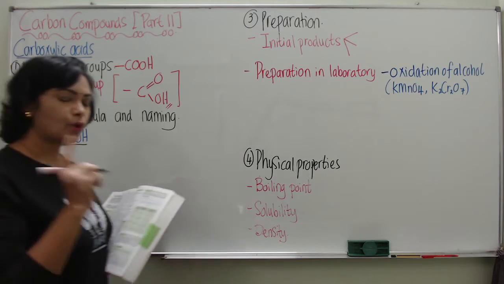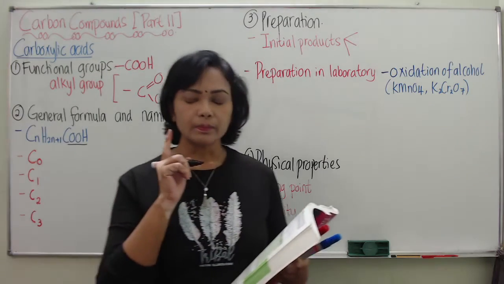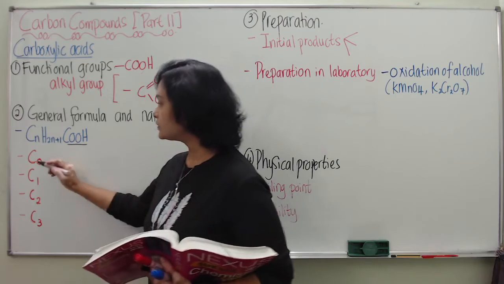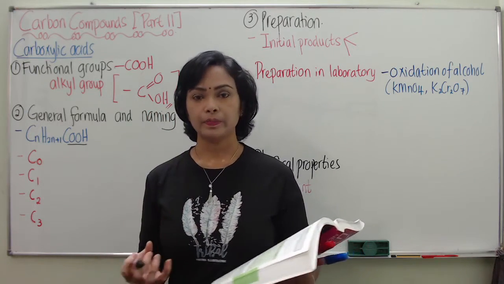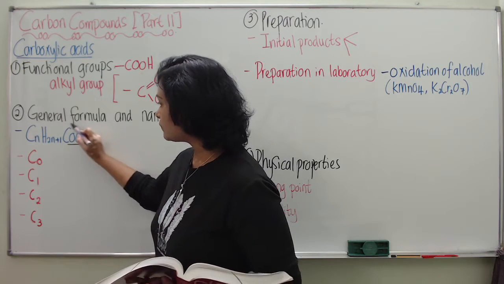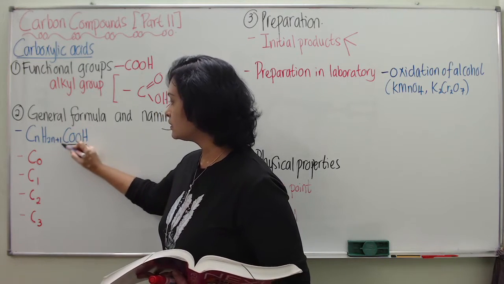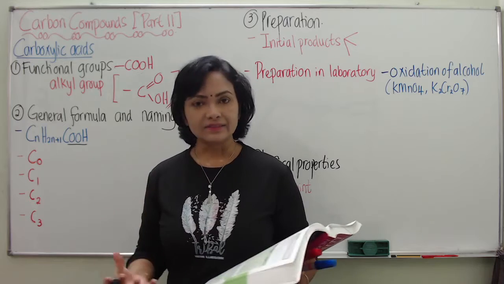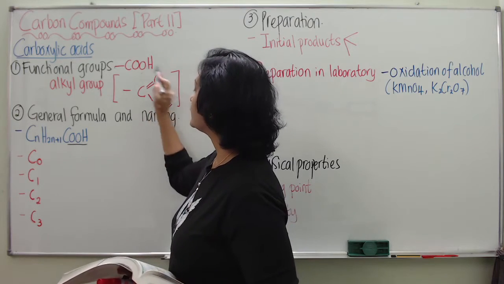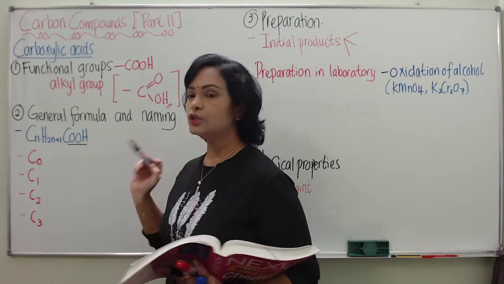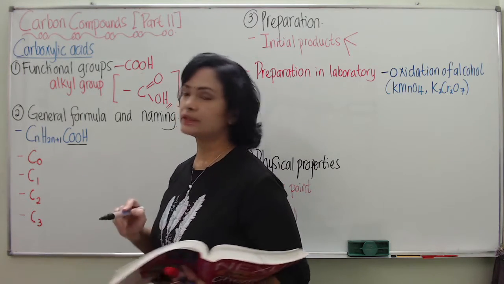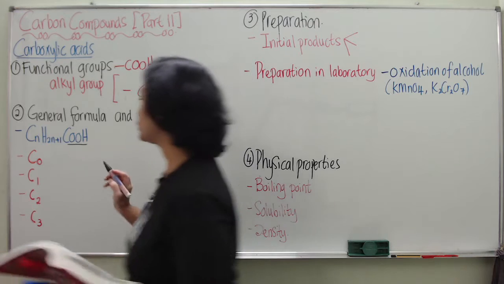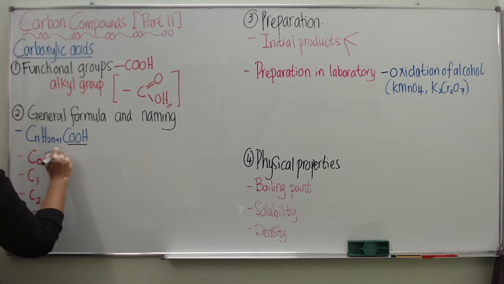I don't want students to confuse that C0 means there is no carbon at all. Please remember there is one carbon which is already existing in the functional group.